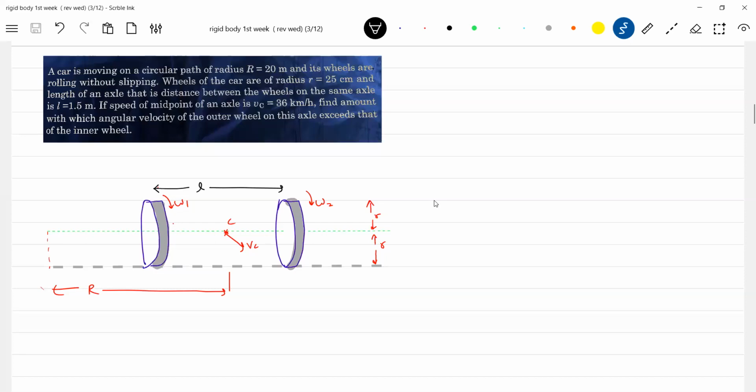Omega 1, omega 2 of the outer wheel and the inner wheel. So this should be the inner wheel, and this the outer wheel.